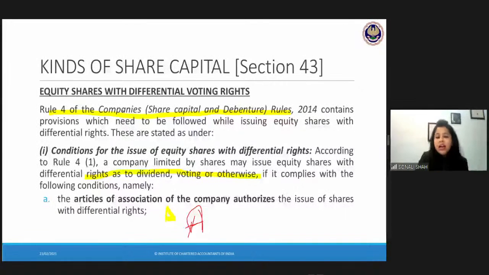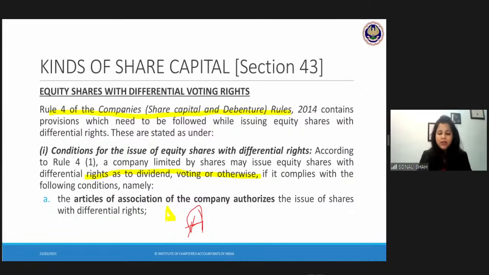Now coming to the conditions. What are the conditions to be fulfilled for a company to be able to issue an equity share with differential voting rights? There are certain requirements that have been prescribed in Rule 4 of the Companies (Share Capital and Debentures) Rules.